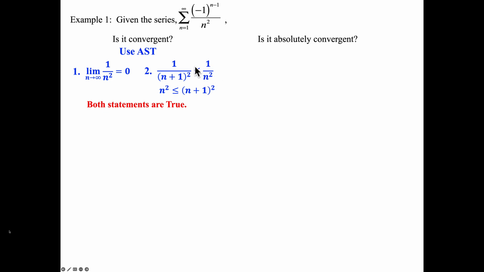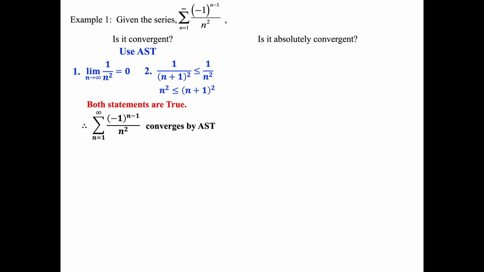If I multiply n squared up to the top of this fraction, take the quantity squared, multiply it to the top, you can see that yes, this is a true statement. If you multiply this out and cancel the n squared, you get 0 is less than or equal to 2n plus 1. That's always true. So both statements are true. Therefore, this series converges by the alternating series test.